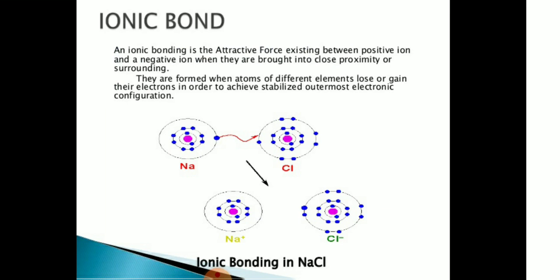The outermost electron of the sodium is transferred to the chlorine, and now sodium becomes a positive ion and chlorine becomes a negative ion. See, as the name says, ion, they convert themselves into a positive ion as well as a negative ion by losing and gaining an electron. So that's why this is ionic bonding.